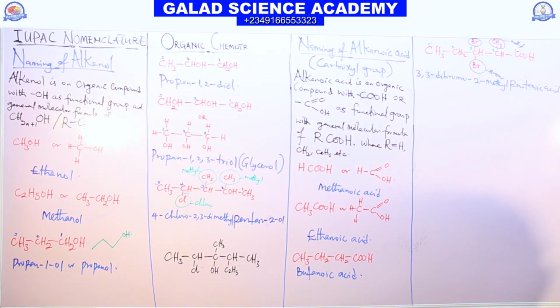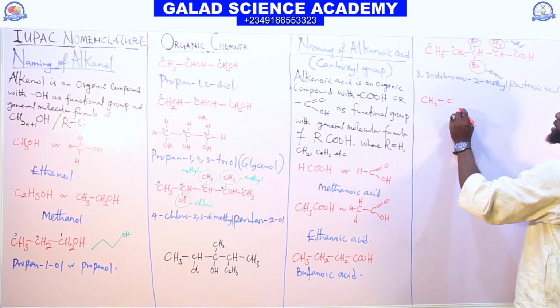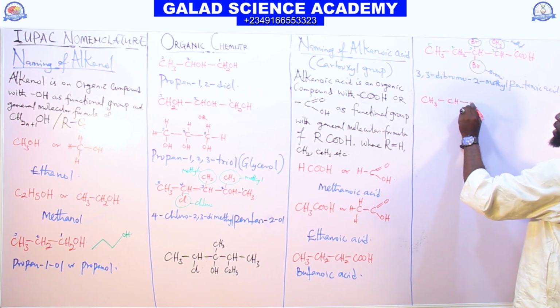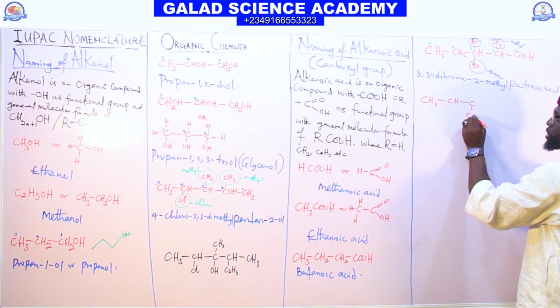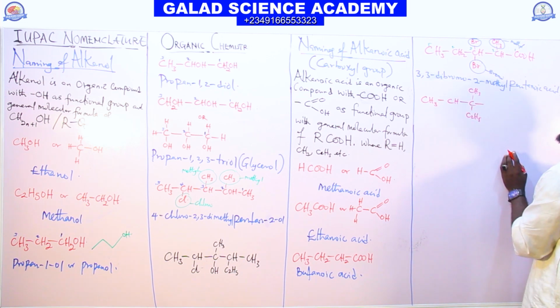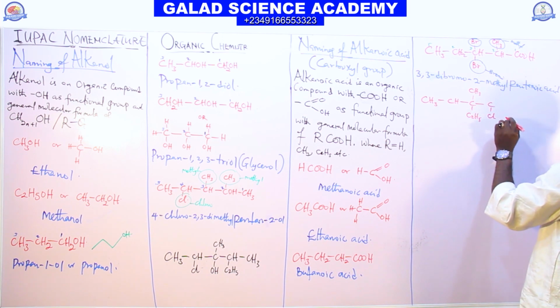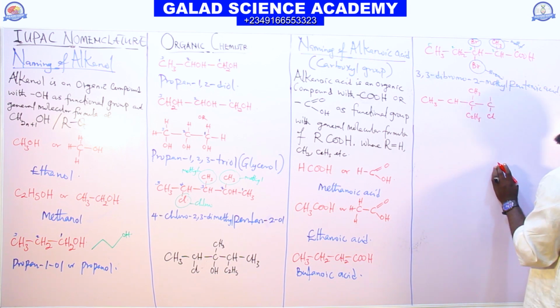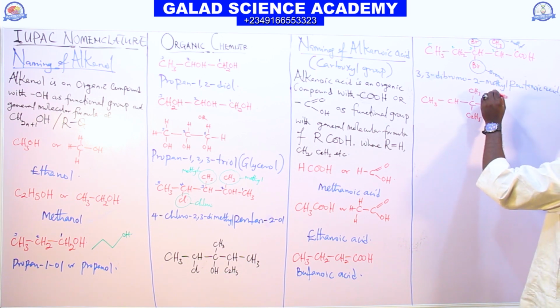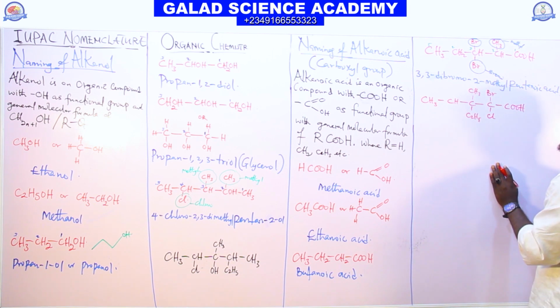Let me put one more example on pentanoic acid. We have CH2, CH, C2H5, CH3, CN, and COOH.